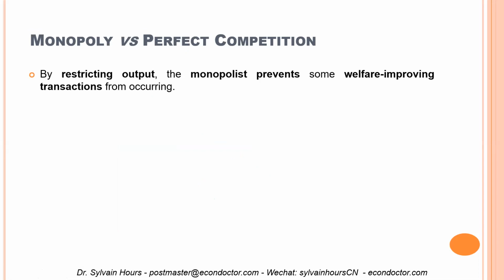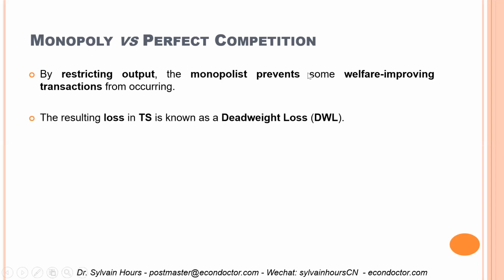And if there is a lower level of output than the allocatively efficient level, it means that there are some transactions that would improve total surplus, some transactions such that the marginal benefit is greater than the marginal cost, but that do not take place simply because the monopolist reduces output to maximize profit. And this loss in surplus, total surplus, is known as the deadweight loss.